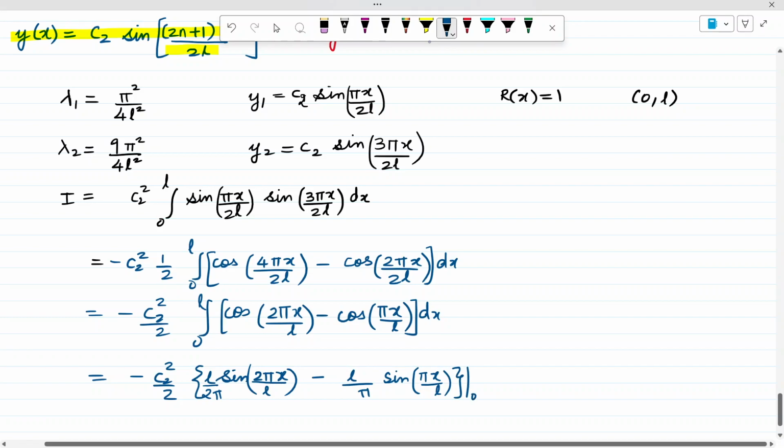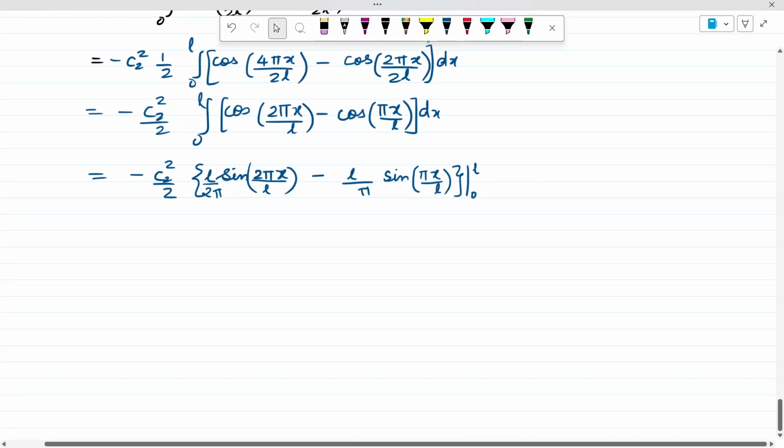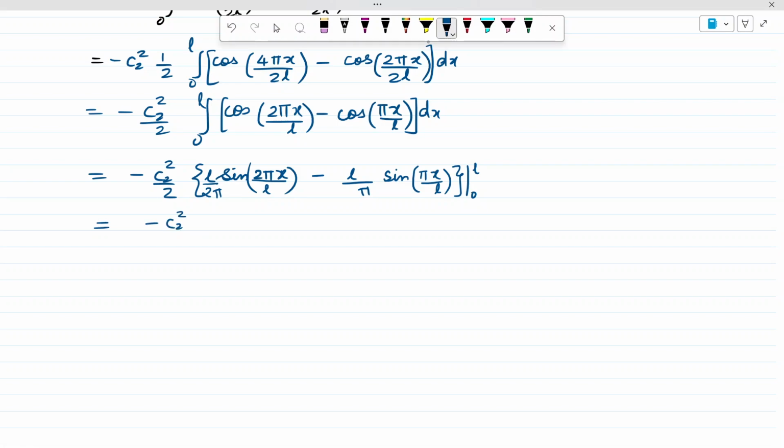This is between the limits 0 to l. When I put the limit l, the first term becomes sine 2 pi and the second term becomes sine pi. Putting limit 0, both terms are 0, and sin 2 pi and sin pi are also 0, so the whole term becomes 0, which implies orthogonal.